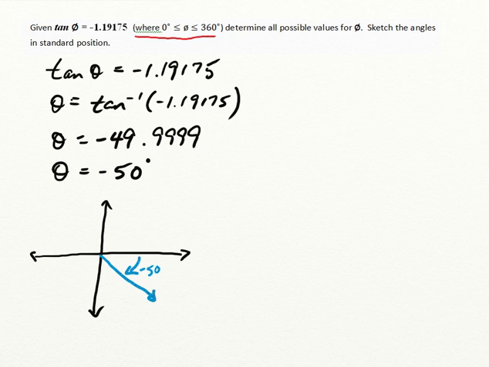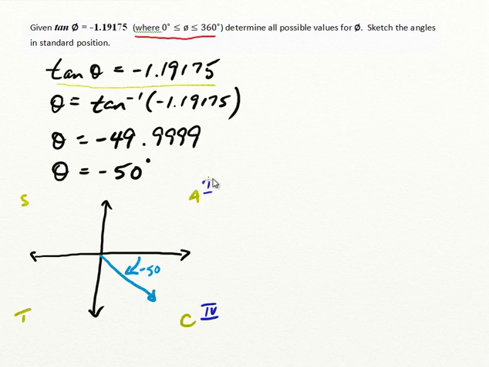And if I recall the CAST rule, C, A, S, and T, the tangent of theta up in the start here was negative, and that would match quadrant 4. So this is quadrant 4.